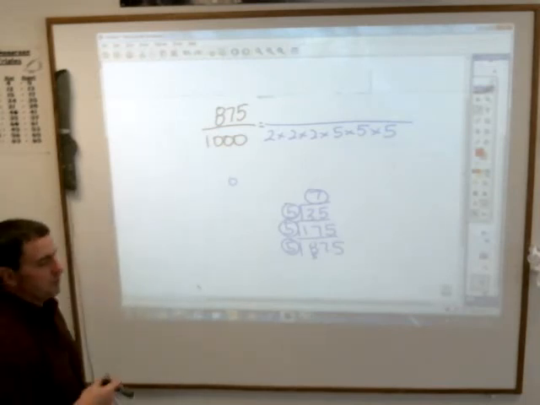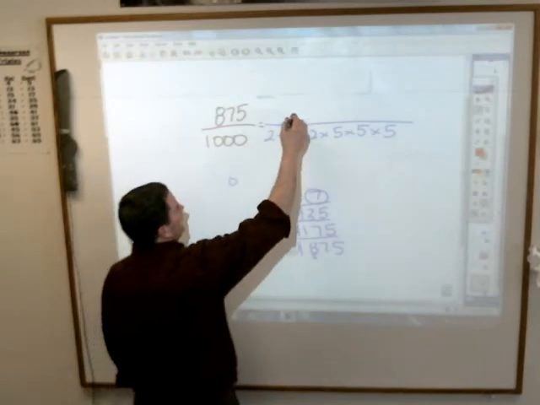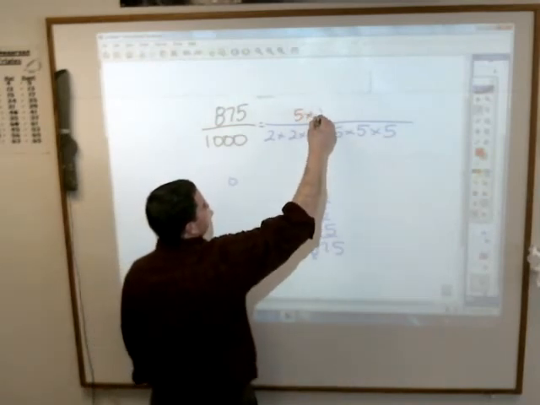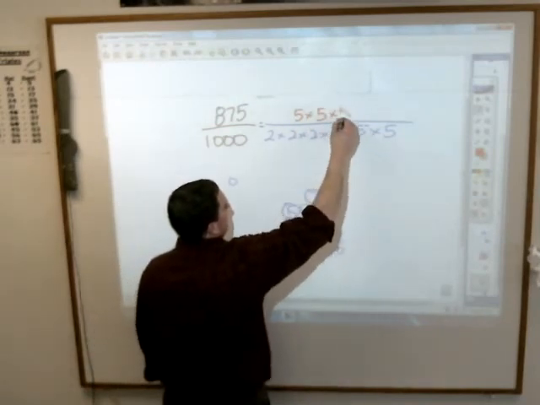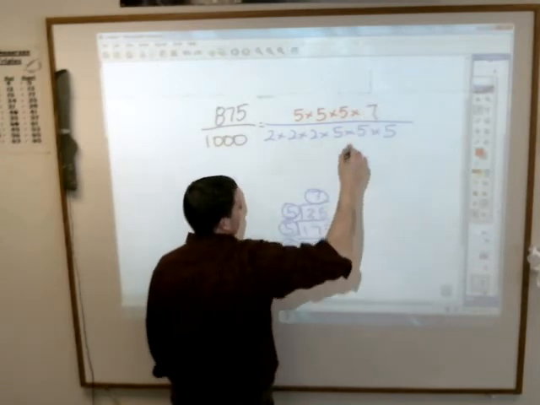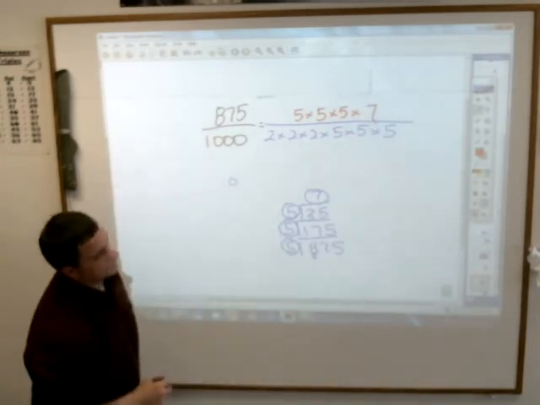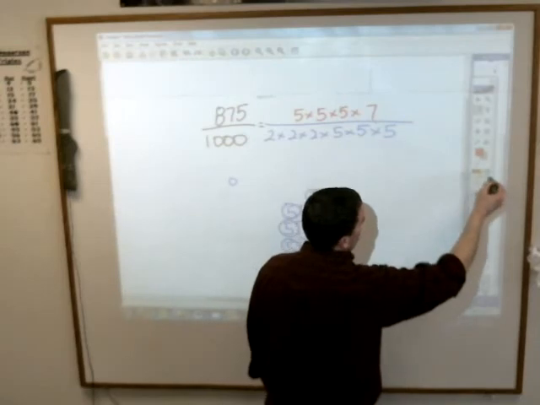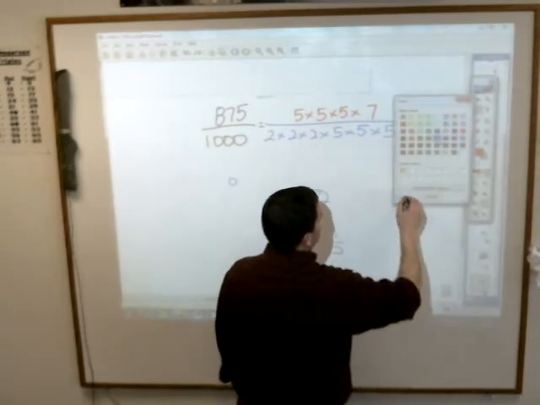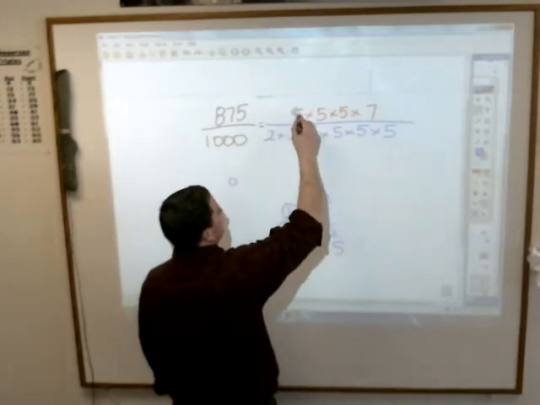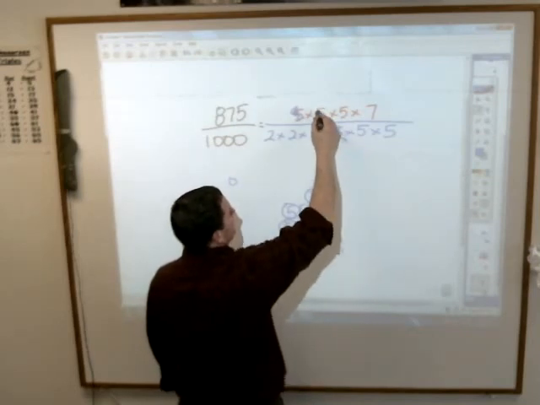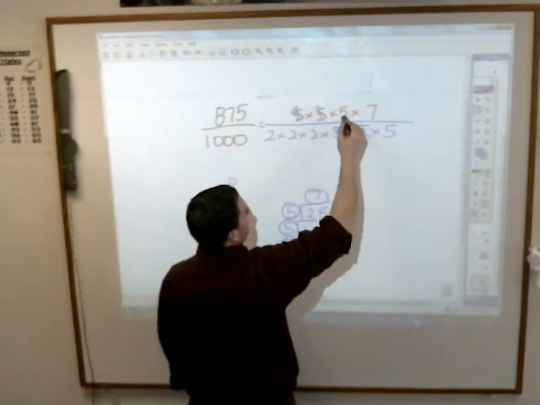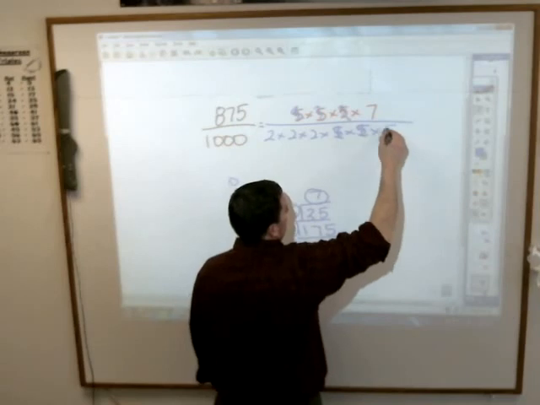Hopefully, when you prime factorize that, you ended up with 5 times 5 times 5 times 7. And then crossing things out, this 5 with this 5, second 5, second 5, third 5, third 5.